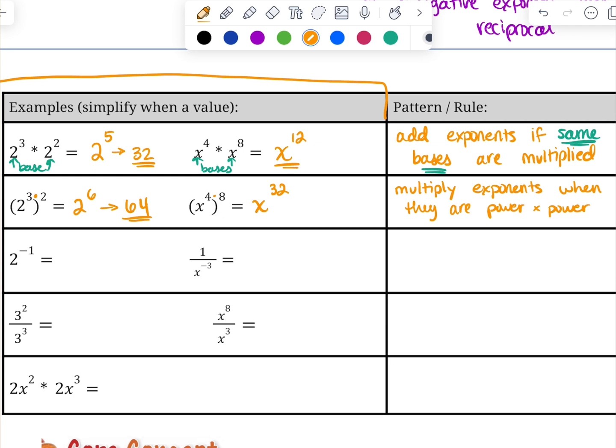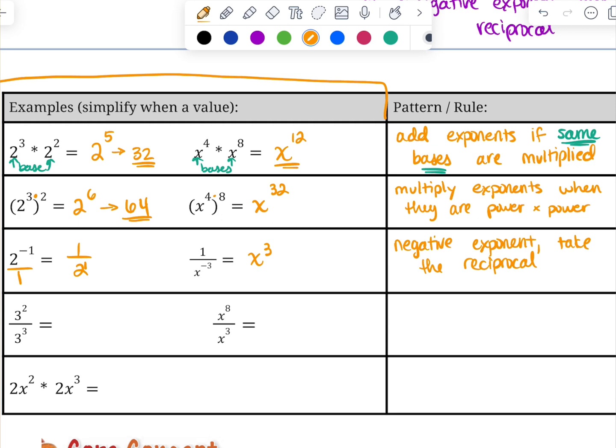Now this would be a situation where we rewrite 2 as 1 over 2 to the 1st, and we would rewrite this as x to the third. Basically, anytime you have a negative exponent, take the reciprocal.